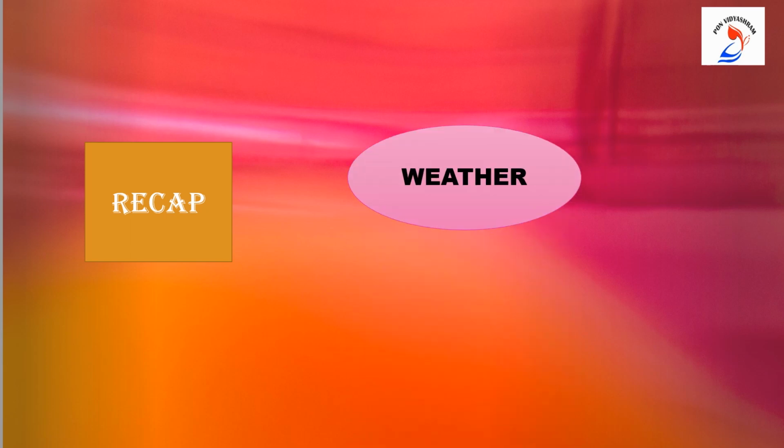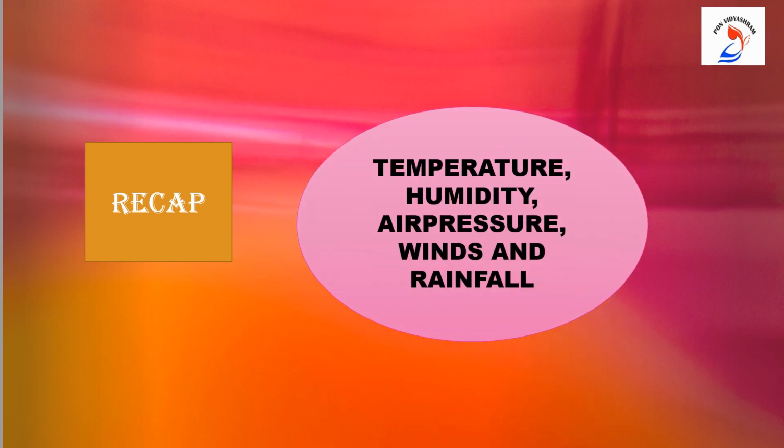Children, in the previous module, we learned about weather. The condition of the atmosphere at a given place over a short period of time is weather. And when we talk about weather, we refer to temperature, humidity, air pressure, winds, and rainfall.